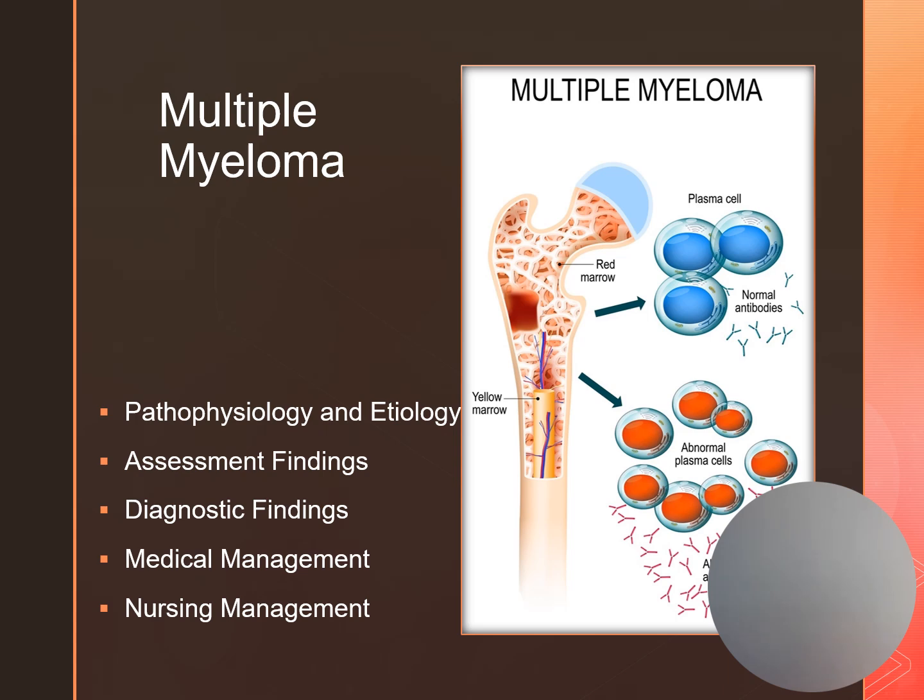We treat this with steroids, anti-cancer drugs, antibiotics if there is an infection involved, analgesics, blood transfusions. They may require back braces to support the bones and/or body casts. And surgical management would include transplantation of bone marrow or stem cells. As nurses, we have to manage their pain.